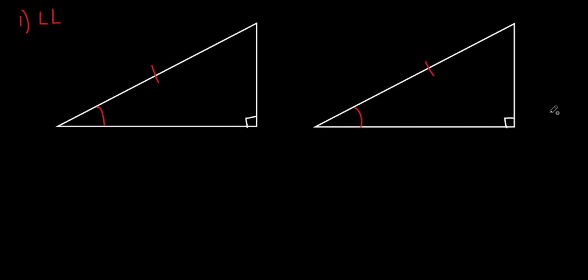I already know that these are right triangles, so I already know they have right angles. But I know I have a hypotenuse and an angle. Guess what we're going to call this? Hypotenuse, what? Angle. I'll just shorten hypotenuse to HYP. Is that all right? So that's hypotenuse angle. How would you write hypotenuse angle?